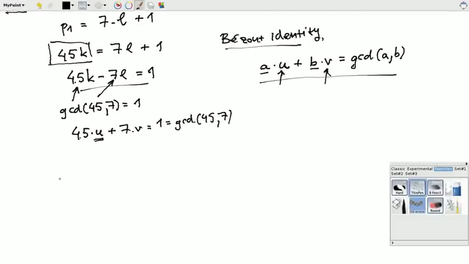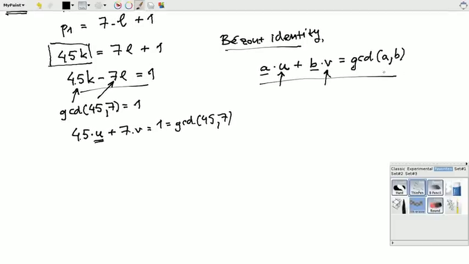It's an algorithm that is usually used to find the greatest common divisor of two numbers, but it can also be extended to give you the u and the v inside Bézout's identity, and the u and v are, by the way, called the Bézout coefficients.